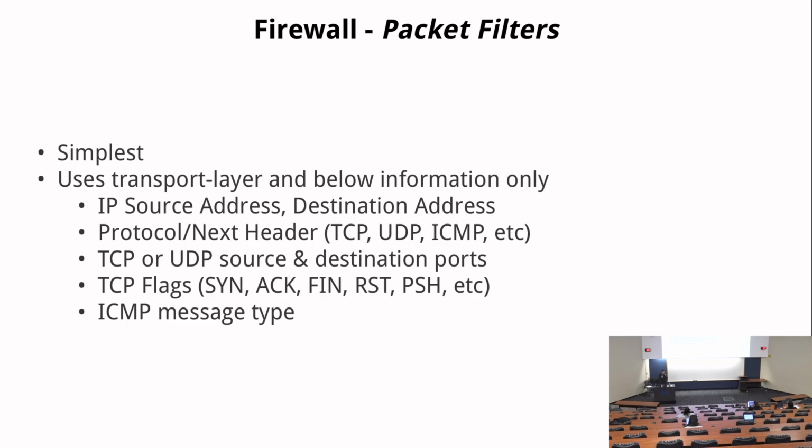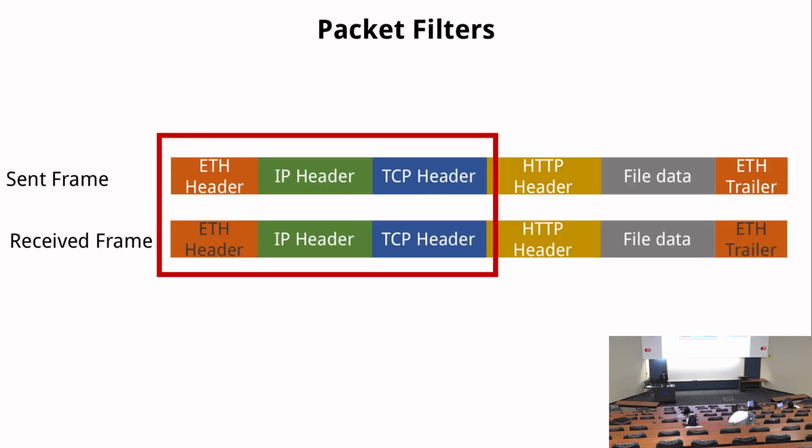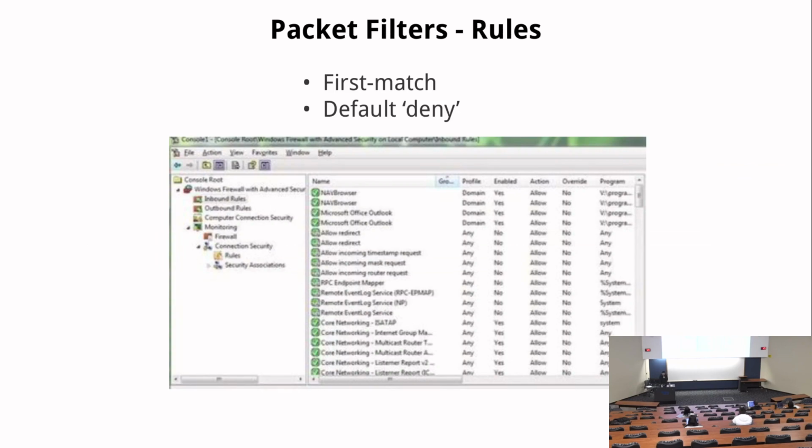So the firewall will read each packet header and decide if we allow that packet to get through or just discard that message. It obviously applies to both incoming and outgoing packets.